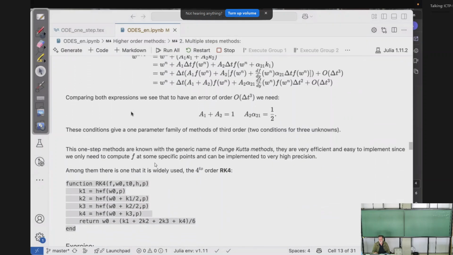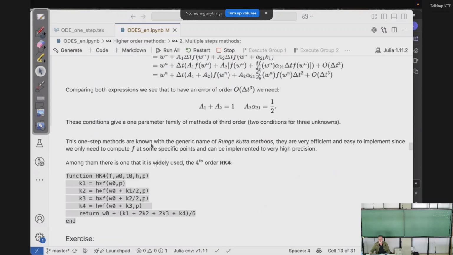The one that is mostly used in many applications is Runge-Kutta fourth order, right? And that method has a K1, which is the same, K2, which is like the midpoint, so it's K1 over 2 here.